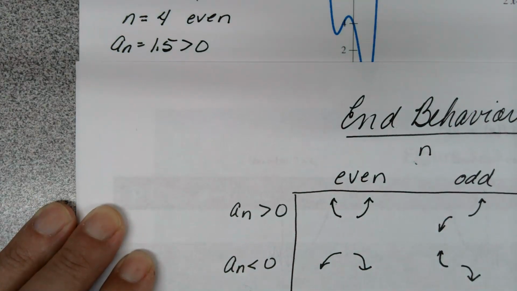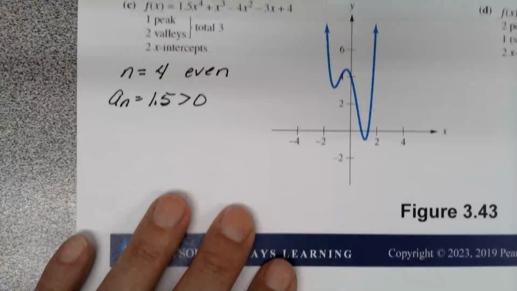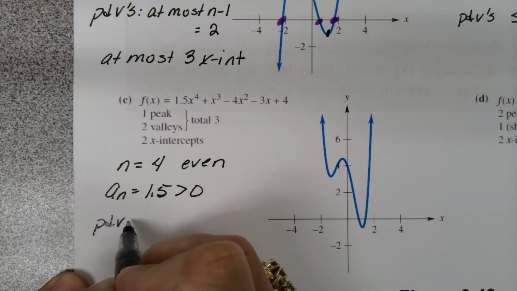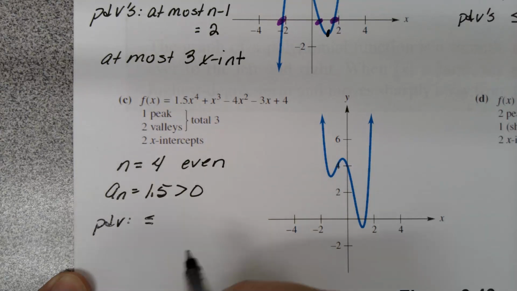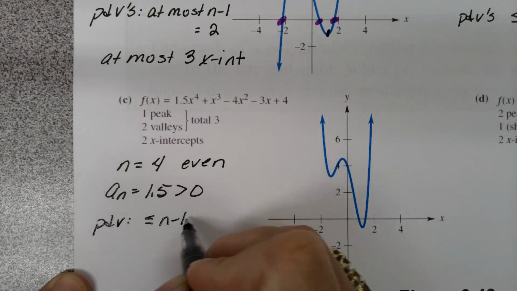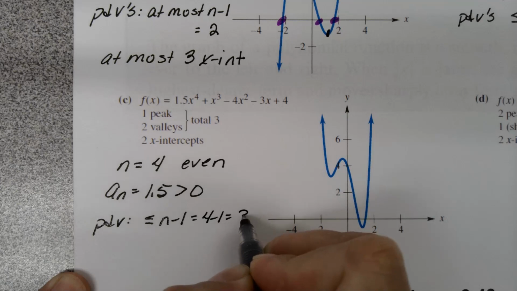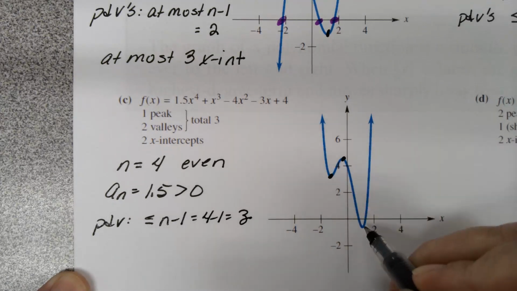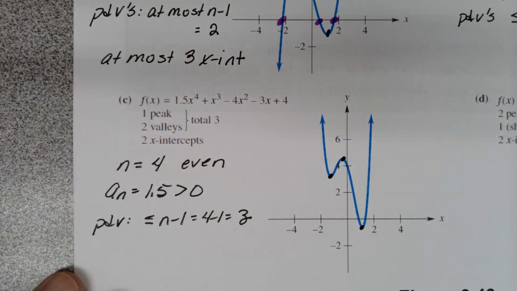Okay. For peaks and valleys, I know this is going to be less than or equal to n minus 1, which is 4 minus 1, which is 3. I do have exactly 3 peaks and valleys here.